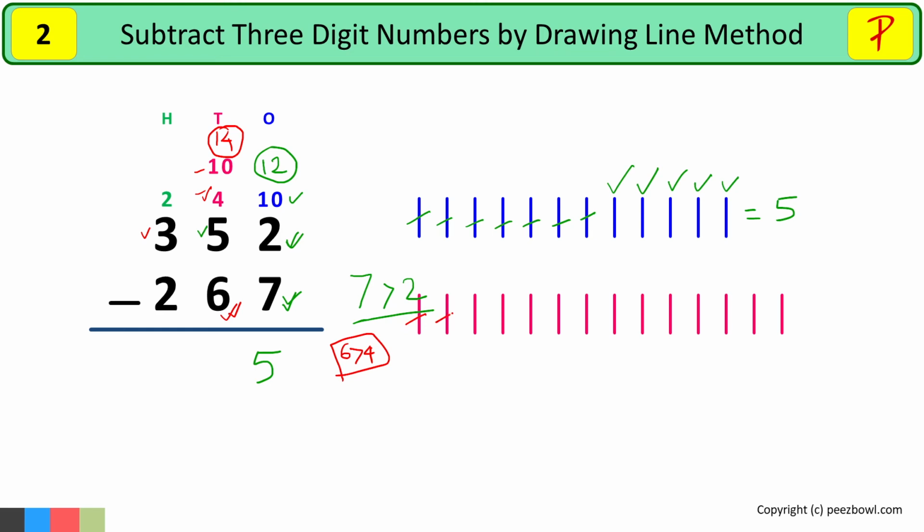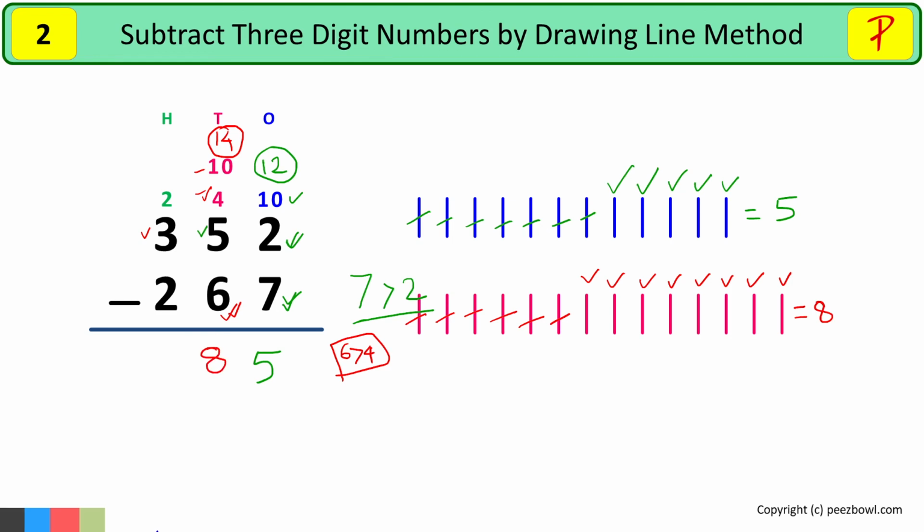I cut 1, 2, 3, 4, 5 and 6 lines. Now let us count remaining lines. We have 1, 2, 3, 4, 5, 6, 7 and 8 lines remaining. I will write 8 here. I will also write 8 at the tens place.